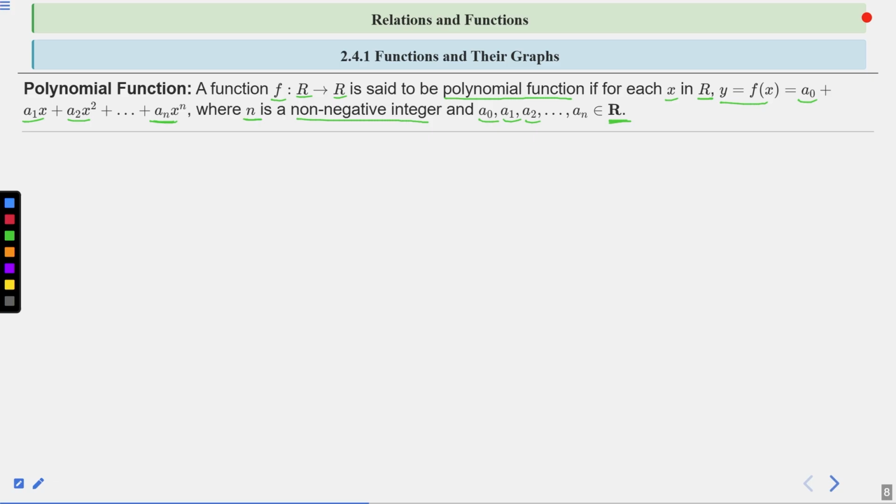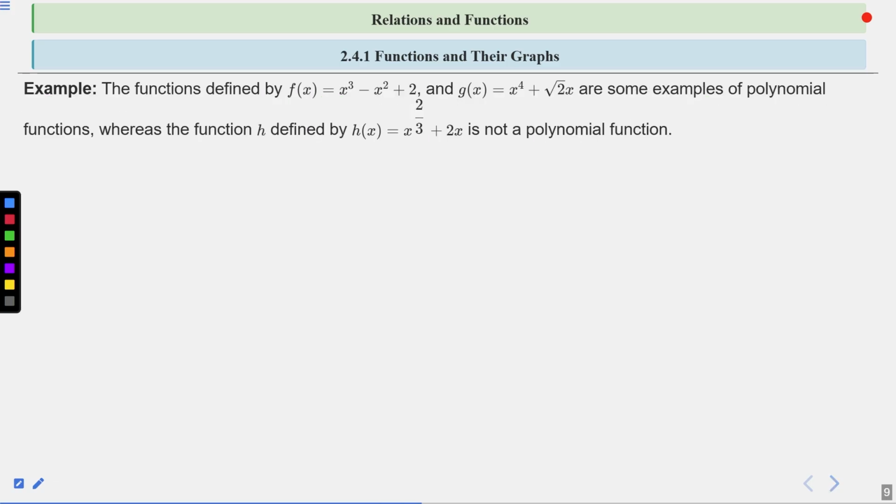So if you are having a function of this form, those functions will be polynomial functions. Clear? Now let's see an example.